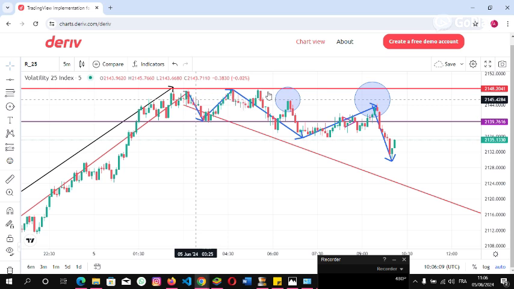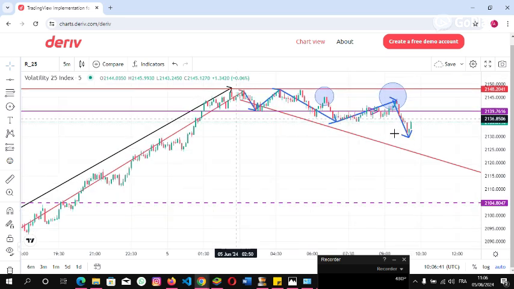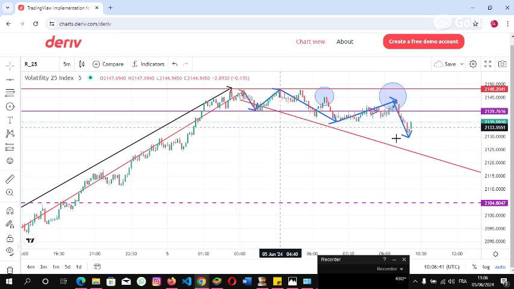You can also see here lower lows. This is a low here. This is another low here. It's a third low here, and this is a fourth low here. So you can notice the series of lower lows that are being formed here. This in itself should have told you that wave four is indeed in play right now.